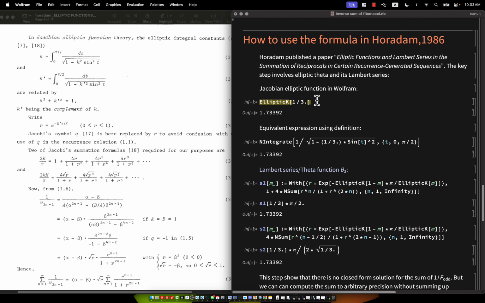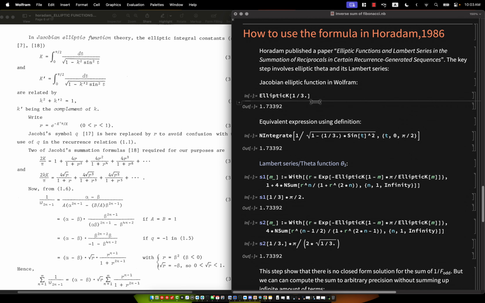It's probably from different conventions, and we can verify that these two things are the same. K here, I assume, means complete. Why is it complete? Because it's from 0 to pi over 2. If you want to do something other than pi over 2, it's elliptic E, an incomplete integral.